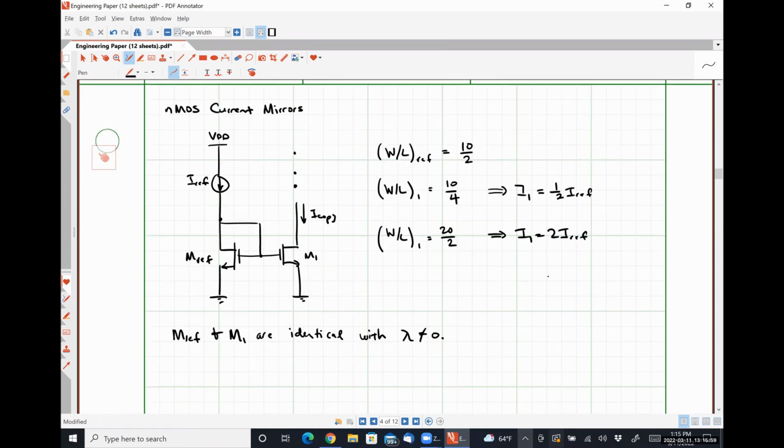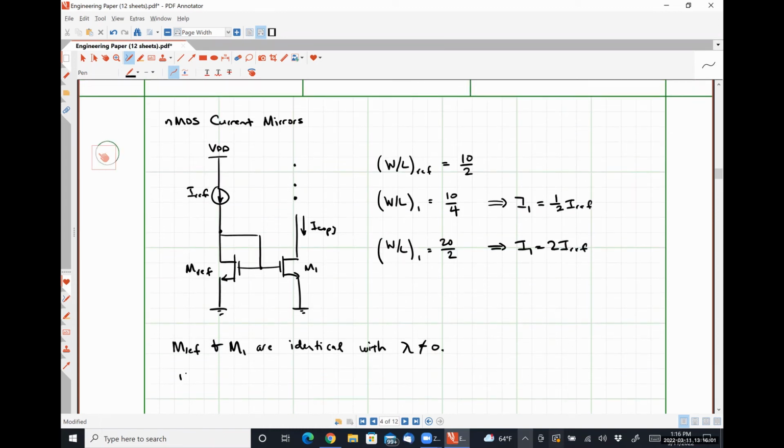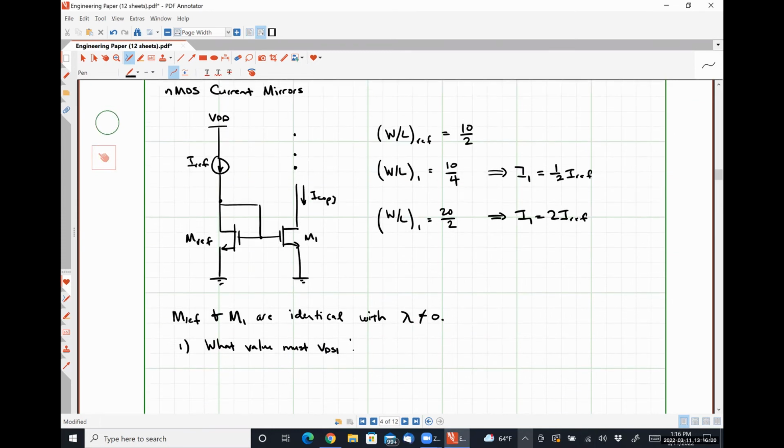The question that we want to answer is, number one, what value must VDS1 have such that I copy is exactly equal to IREF?